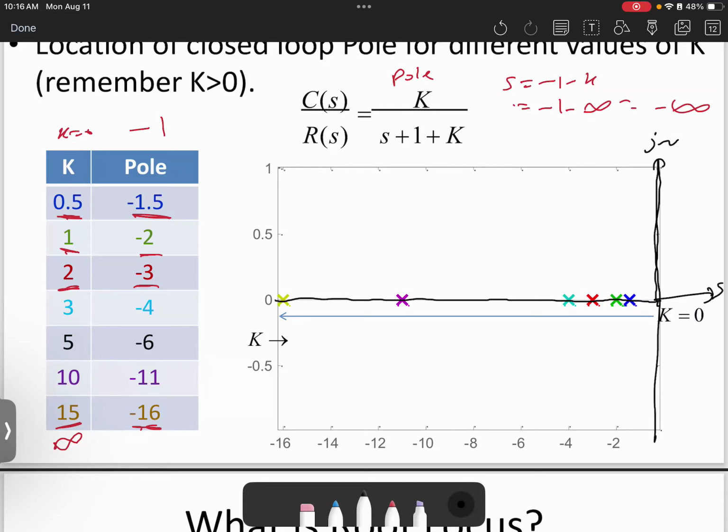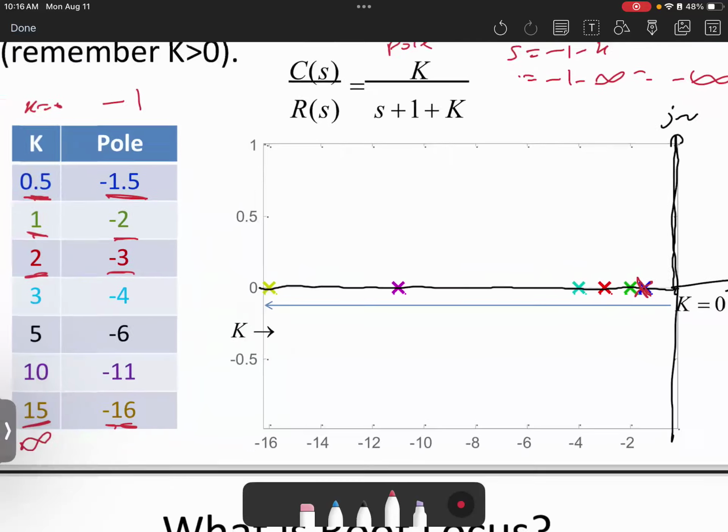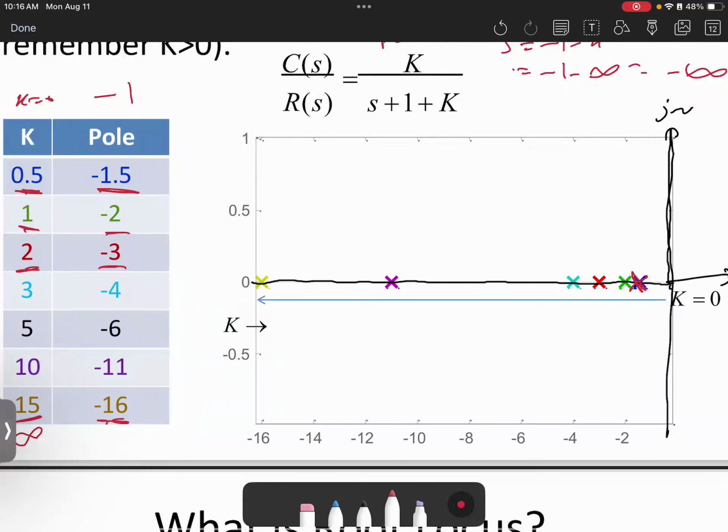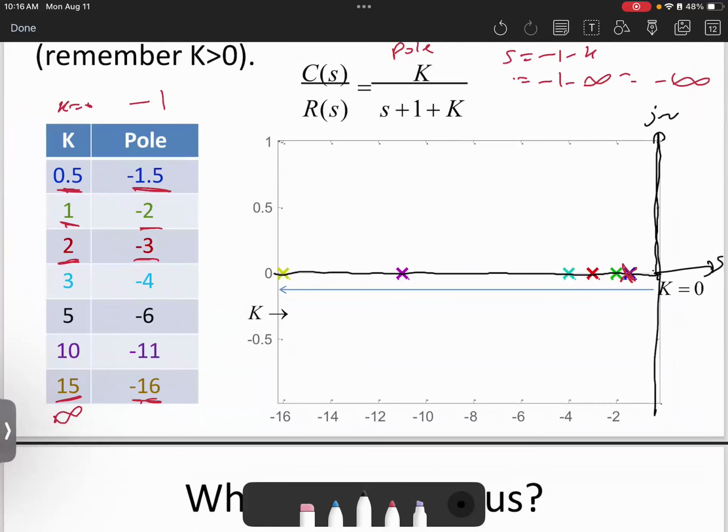This is the s axis. It was originally located at -1. When k equals 0, it's at -1. Then keep pushing: -2, -3, -4, -6, -16, until k equals infinity, -infinity.